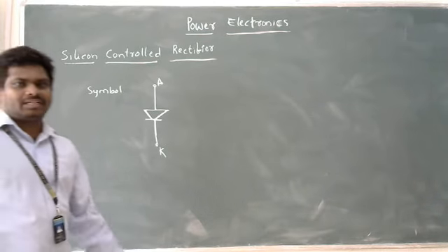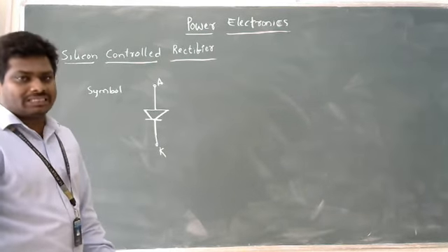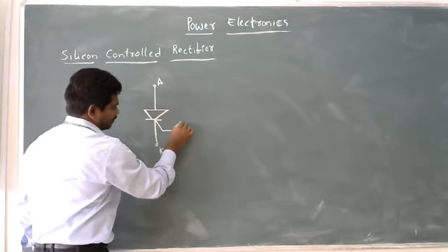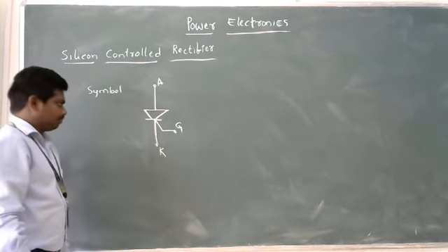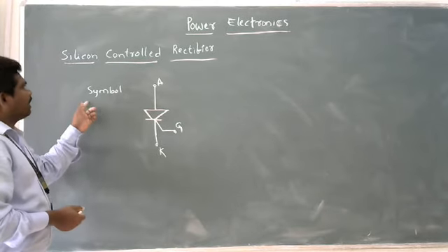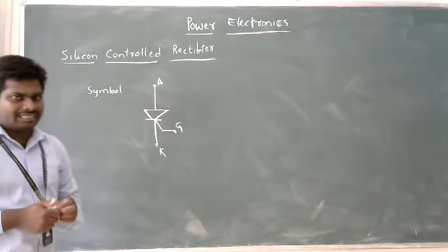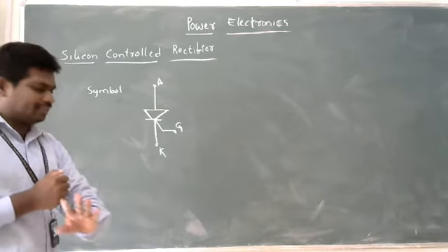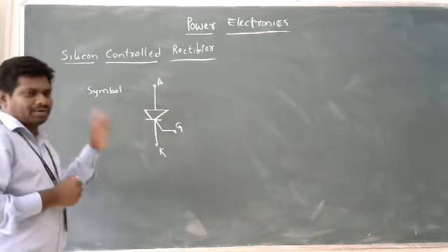The extra terminal that we have for SCR is the gate terminal. So we can say silicon controlled rectifier is a three-terminal device, and we can see the three terminals in its symbol.